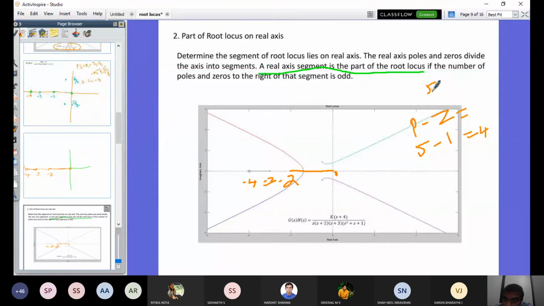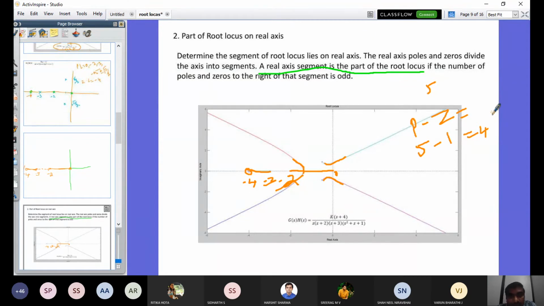Here we have 5 root locus branches, no? One root locus branch will end at this finite 0. The rest of the 4 root locus branches, you can see, this is one root locus branch, this is another, this is another, this is another. These 4 branches end at infinity 0. Which direction will they move towards infinity 0? Roughly we cannot say that.